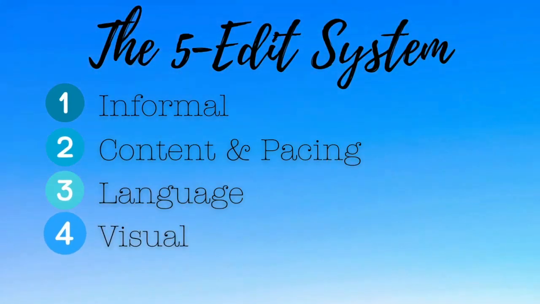The 4th edit is the visual edit. And this is when you look at the way that your manuscript looks. If you are self-publishing, the visual edit is essential because you're responsible for everything about how your book looks. If you're working with a traditional publisher, they will likely make a lot of these decisions.